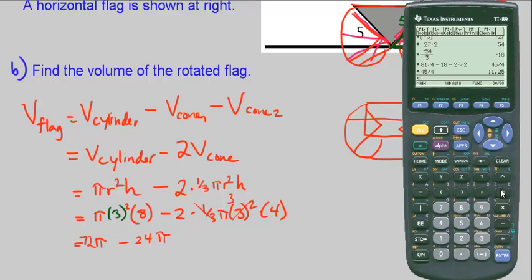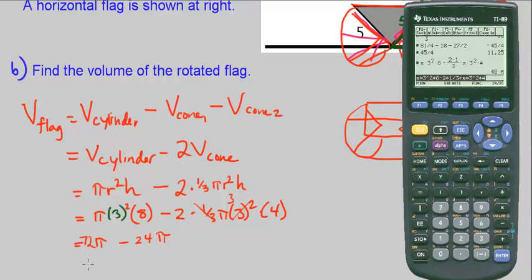Pi times 3 squared times 8 minus 2 times 1/3 times pi times 3 squared times 4.